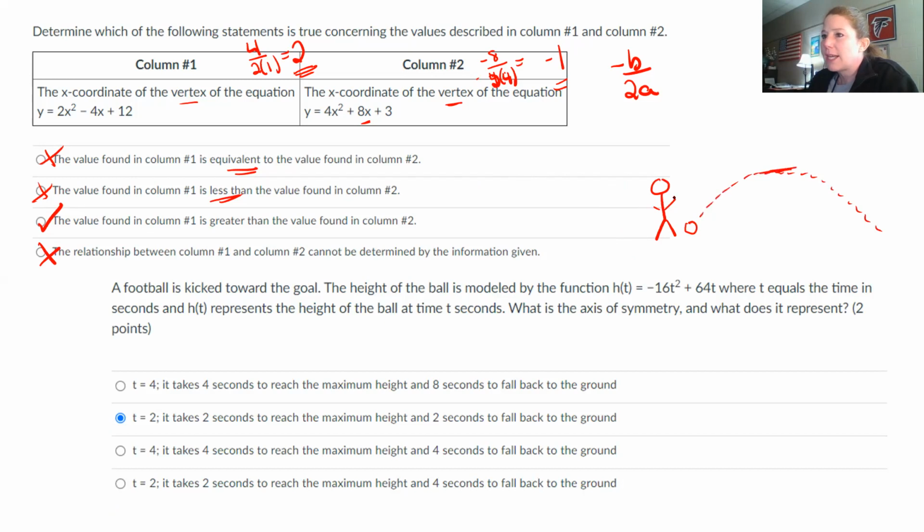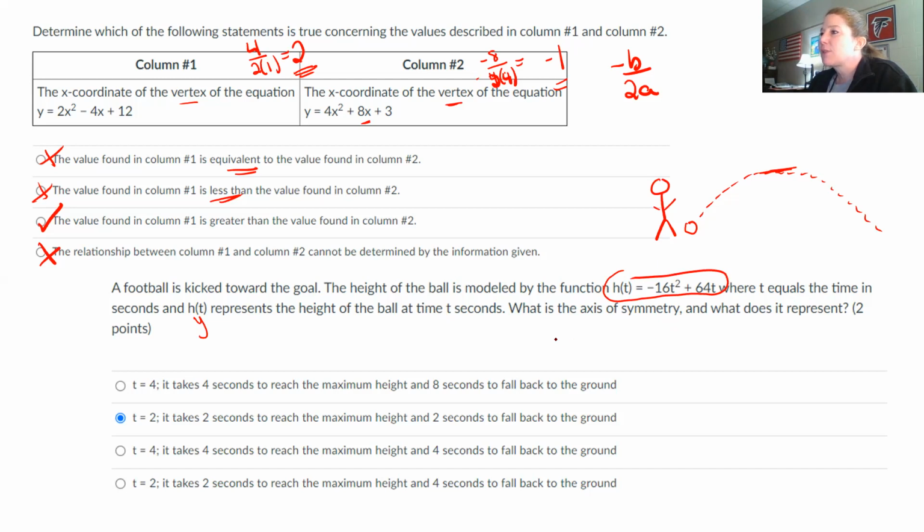This is the maximum, right? So it says a football is kicked toward the goal. The height of the ball, this is the maximum height. T equals the time in seconds, and H of T, or Y, represents the height of the ball. What is the axis of symmetry and what does it represent?